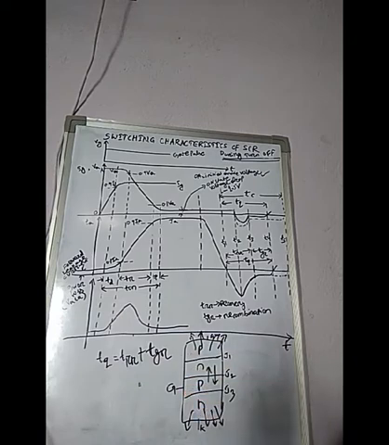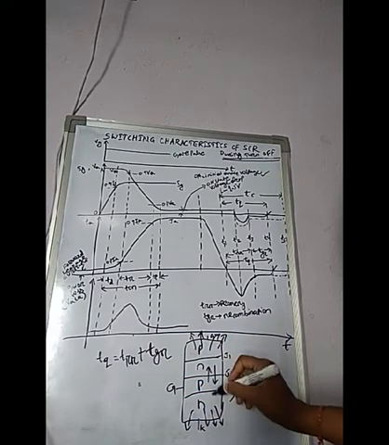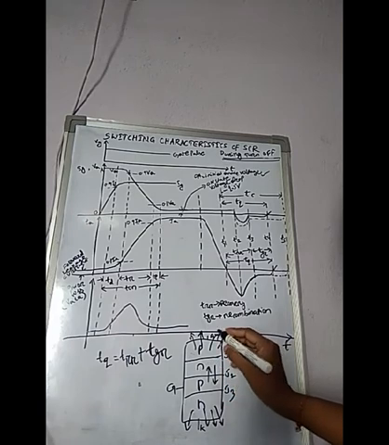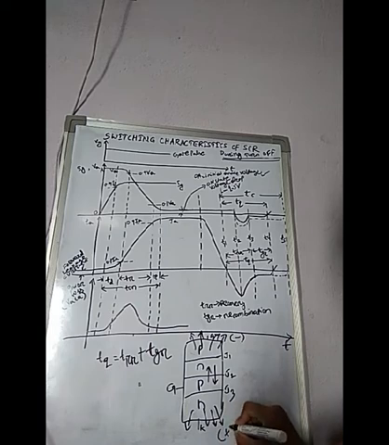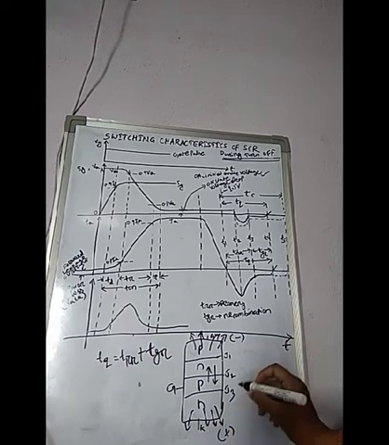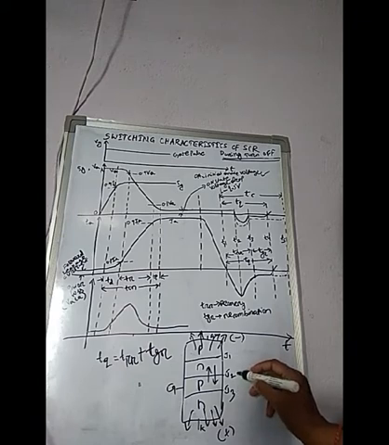See how this recombination process happens. If I apply a reverse voltage across the thyristor, J1 and J3 are in reverse bias and J2 is in forward bias.